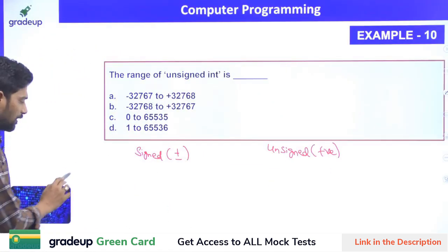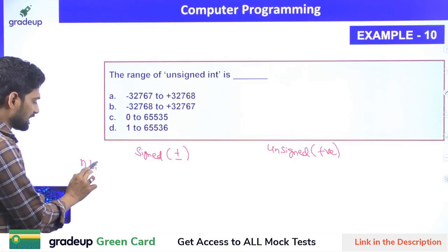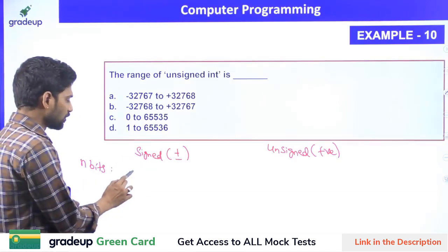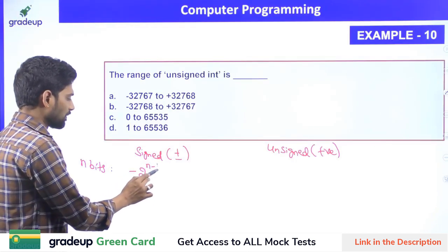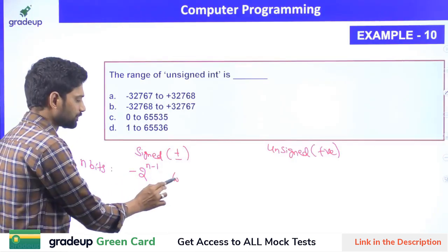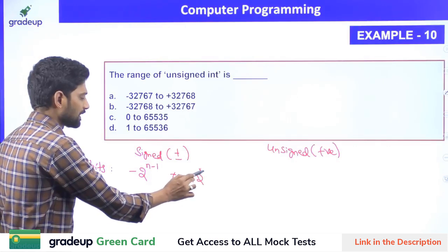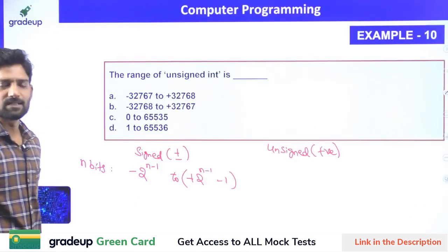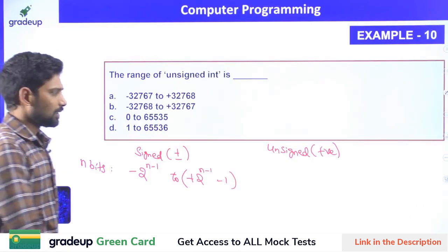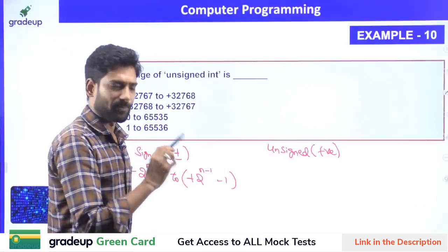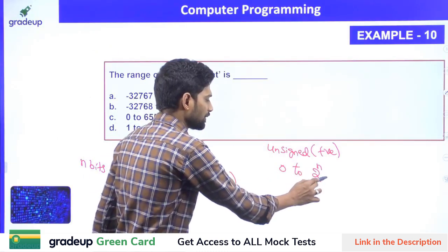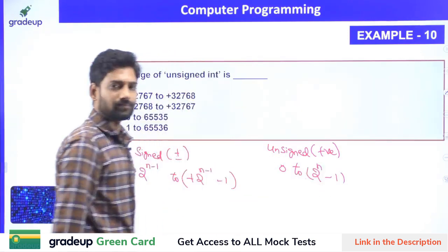Now if any data type has n bits width, for signed the range would be -2 power n minus 1 to plus 2 power n minus 1 minus 1, because the positive range starts with 0. And if it is only positive, then 0 to 2 raised to n minus 1.